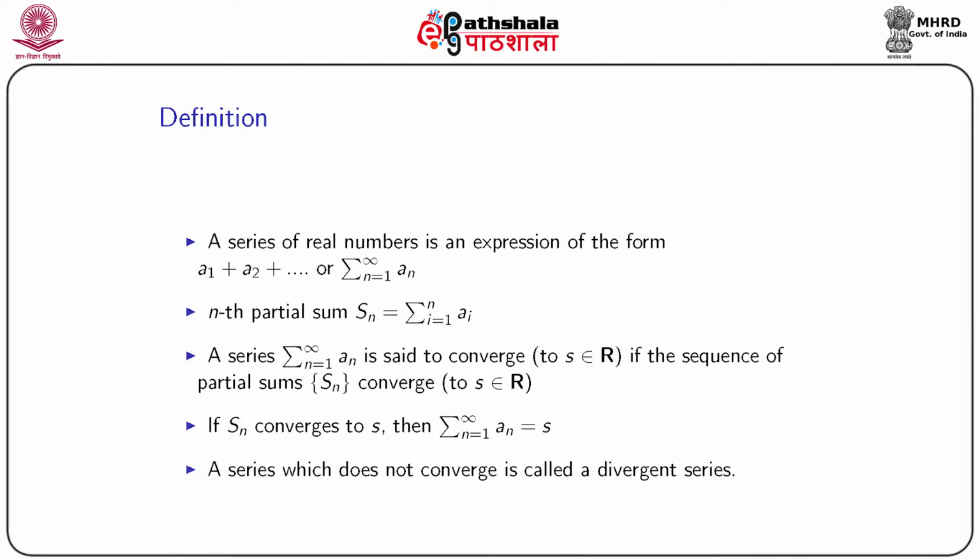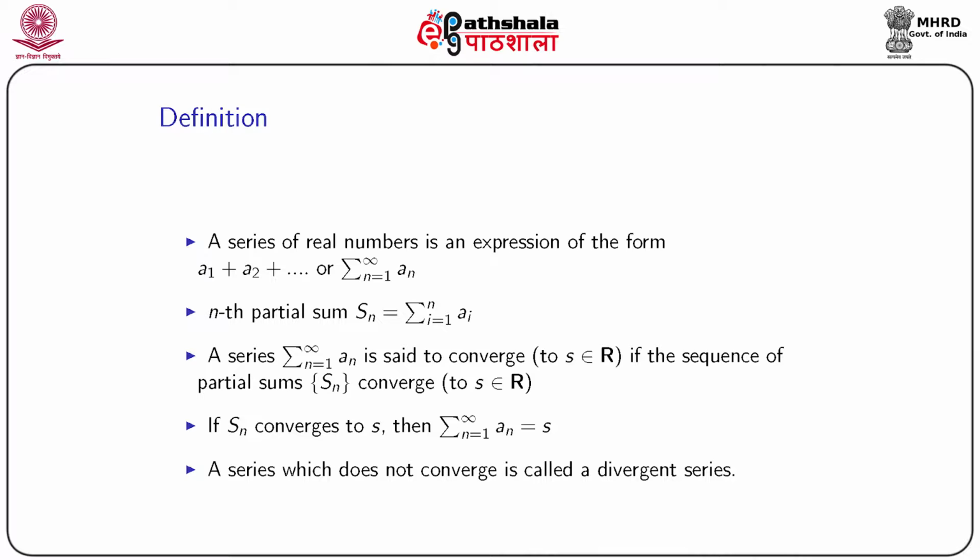For this series, we define the nth partial sum as Sn, the sum over i from 1 to n of ai. So we are adding the first n elements: a1 plus a2 plus a3 up to an. If n equals 2, we are talking about a1 plus a2. If n equals 3, it is a1 plus a2 plus a3.